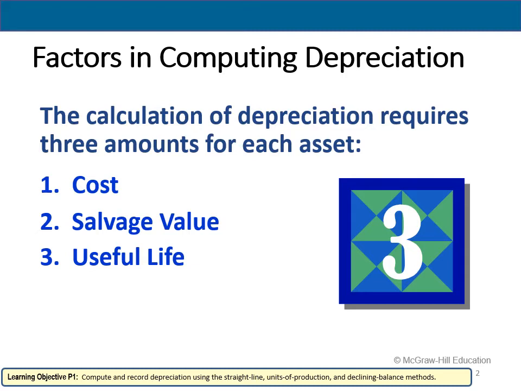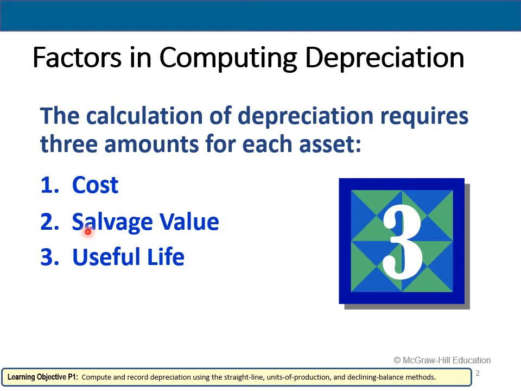Anytime we're given a depreciation problem, you're going to be given three factors. What it cost. In some cases, we may even need to compute the cost by adding purchase price and setup cost, but we'll be given some method of getting to total cost for an asset. Salvage value, which may be referred to as salvage value or residual value.